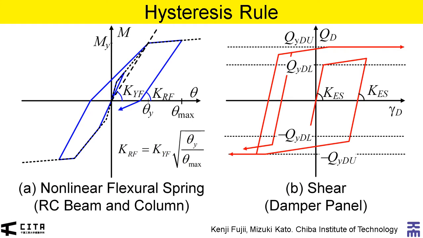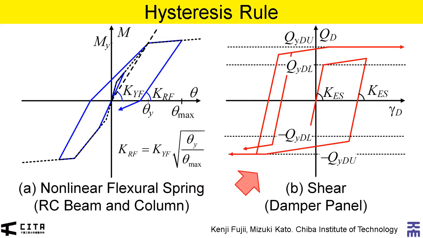Here shows the hysteresis rule for nonlinear dynamic analysis. In RC members, shear failure is not considered and the behavior of all members are assumed in ductile manner. Modified Muto model shown in A is used for the nonlinear flexural spring at each RC member end.